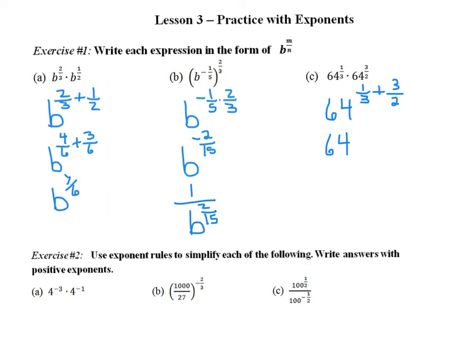So this is going to be 64 to the 2/6 plus 9/6, which gives me a final answer of 64 to the 11/6. And again, this did not say to evaluate, so I don't need to write it in root form or give the final answer.